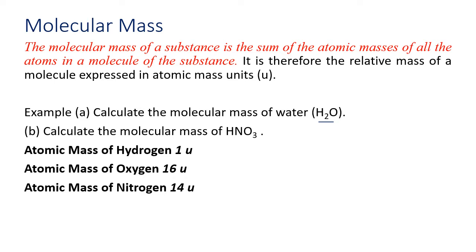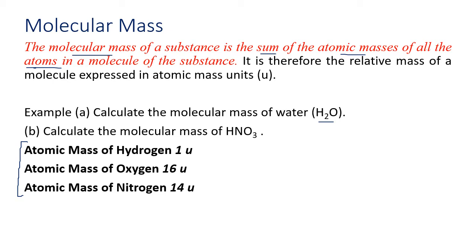The definition says the molecular mass of a substance is the sum of the atomic masses of all the atoms in a molecule. If you know the mass of the atom, that is given here for reference, then adding the masses of the atoms in the molecule will give the molecular mass. So first let us see water.